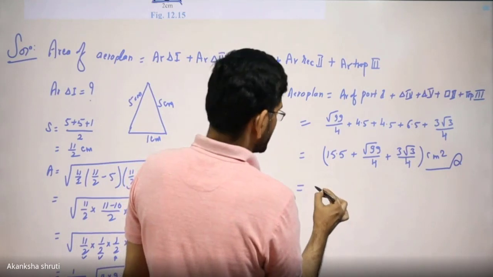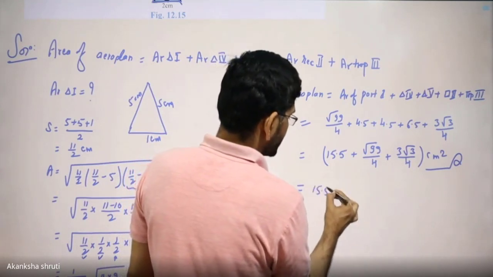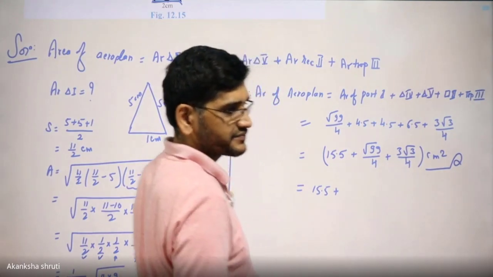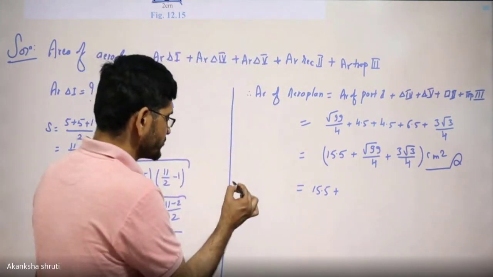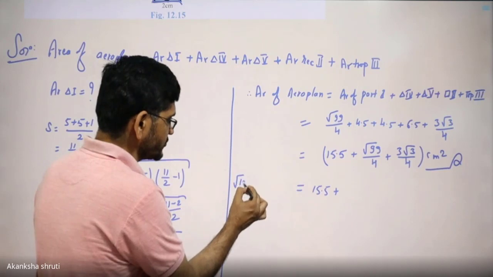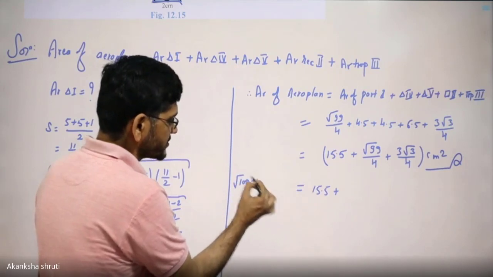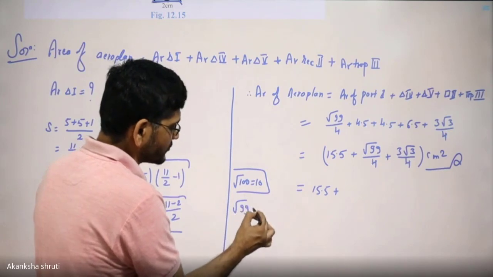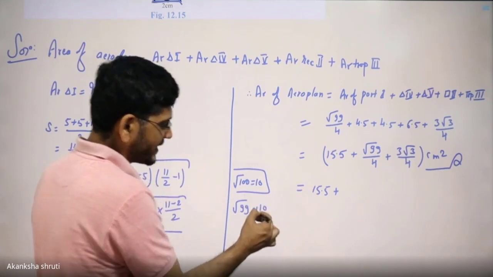Or students, this may be converted into decimal further. What is this under root of 99? Students, you can use the approximate value. What is under root of 100? It is 10. So under root of 99 will be quite closer to 10, not exactly 10.